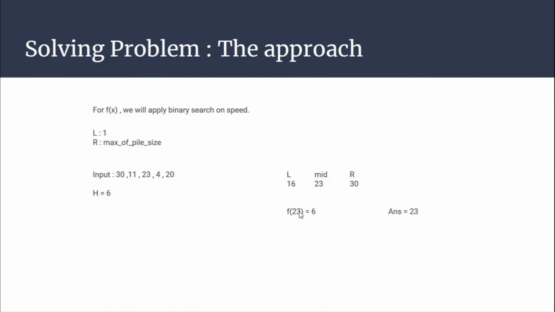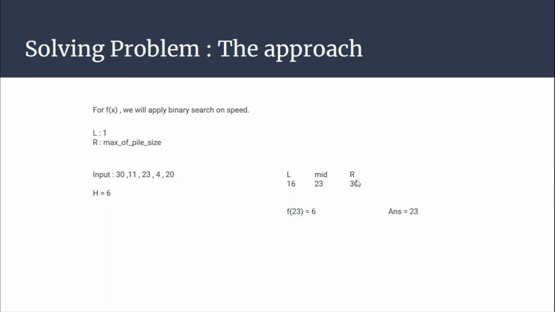Now since you are able to finish eating bananas in the required time with speed 23, should we check for 24, 25, till 30? The answer is no. Our job is to minimize the banana eating speed. So if we are able to finish eating bananas with speed 23, it makes no sense to check for 24, 25 or till 30, because those are greater speeds and we need to minimize.